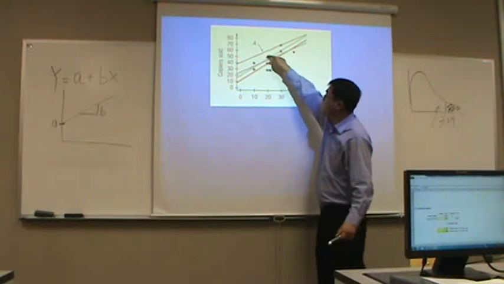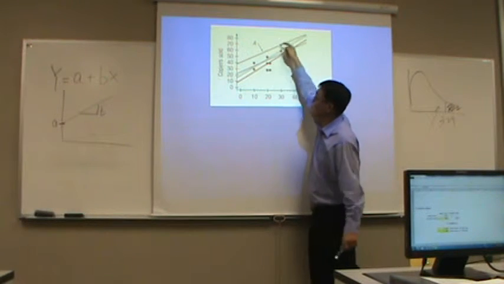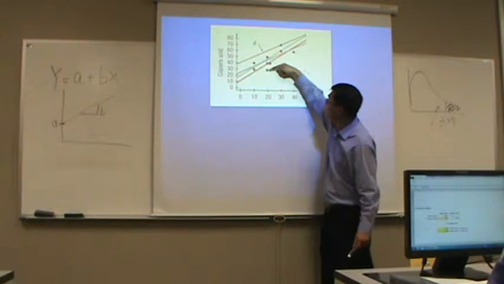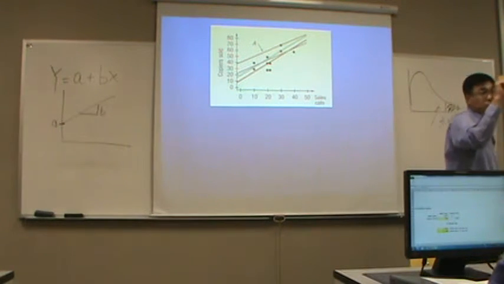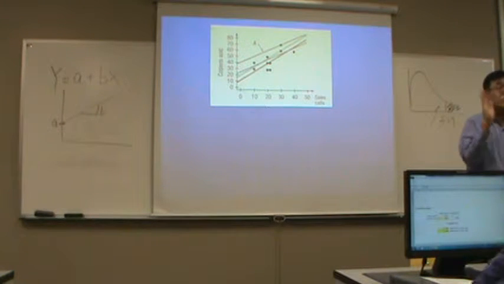Using actual previous data, we find the linear function like this. Among them, the vertical distance between the actual data and the linear regression line, we try to minimize.